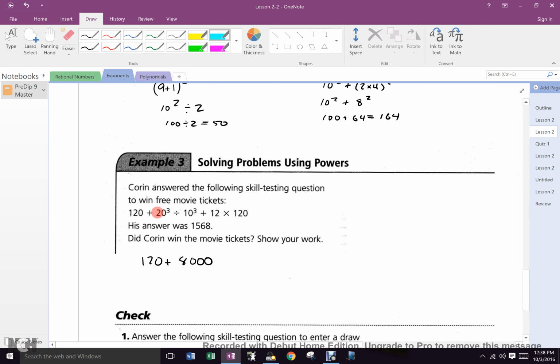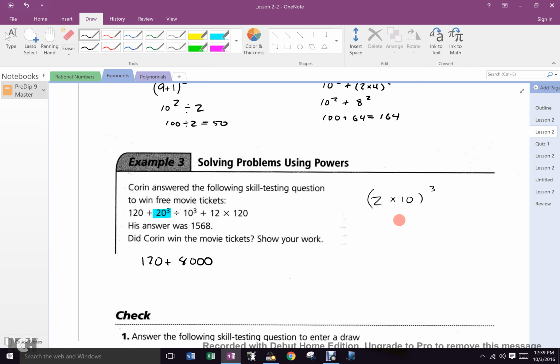Now, because some of you did that, I would like to point out something. Isn't 20 cubed 2 times 10, all cubed? Right? Well, 10 cubed has to be 1,000, yeah? Michael. Yep. That's the next thing I was going to say. You don't have to think of it that way.